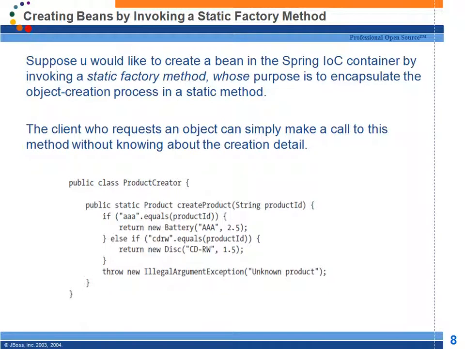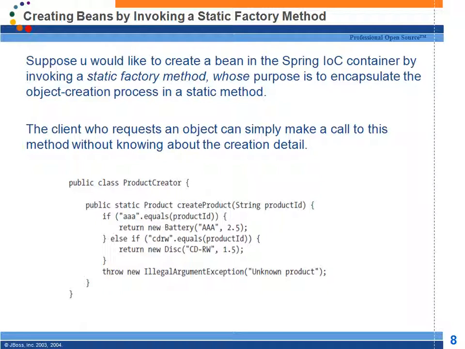Next, suppose I have a class like this. Once you know all this, let us discuss other things. Suppose you have a class like this, a ProductCreator, in which you have a static method called createProduct, which is taking some parameter. Don't worry about what the parameter is, and it is returning Product. Now I want the bean to be created by invoking this static method.